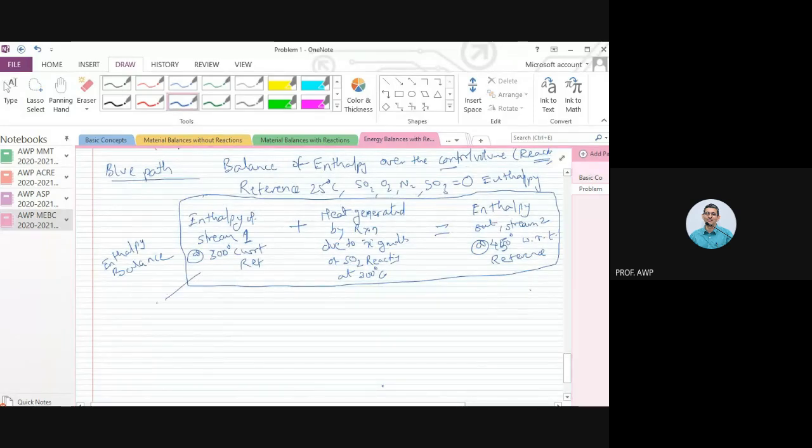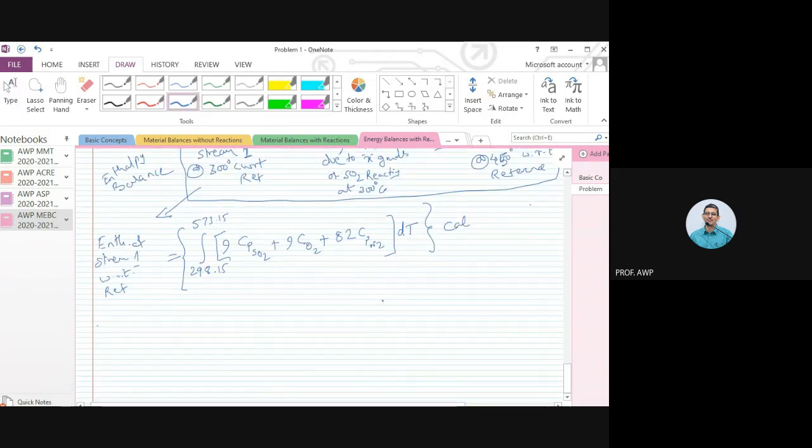The enthalpy of stream 1 with respect to the reference is the integral from 298.15 to 573.15 of 9 moles of SO2 times Cp of SO2, plus 9 moles of oxygen times Cp of oxygen, plus 82 moles of nitrogen times Cp of nitrogen, dT. This is in terms of calories.